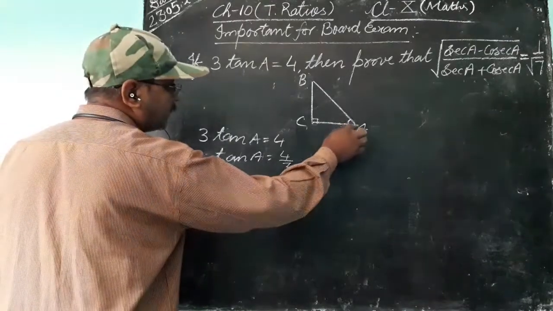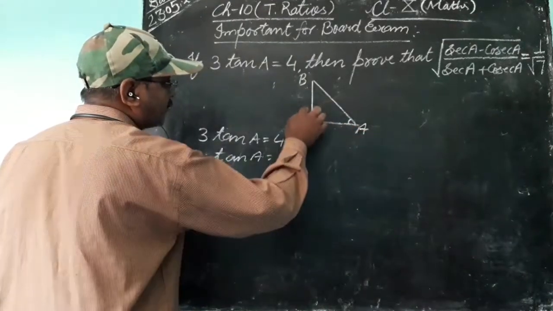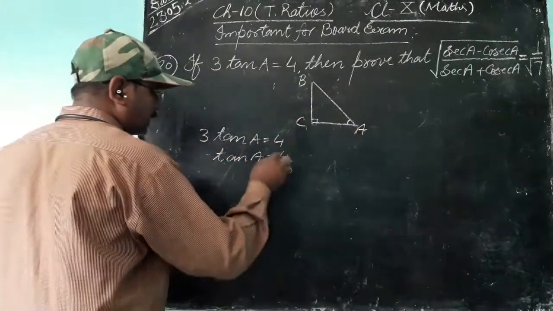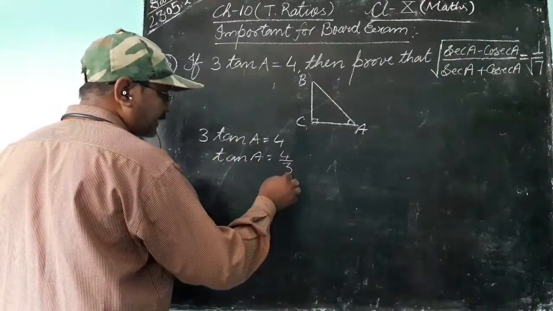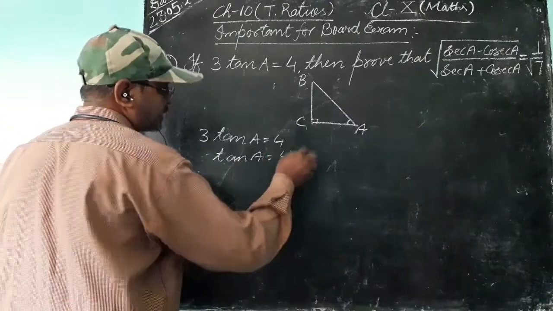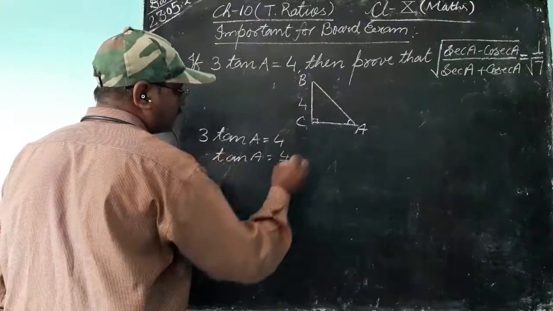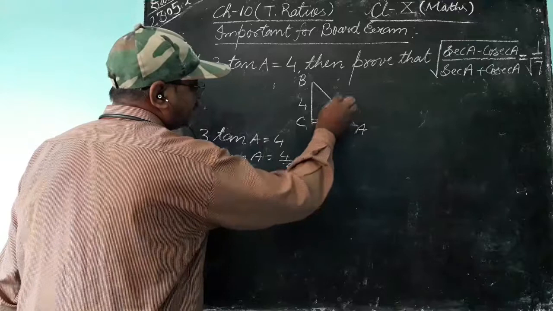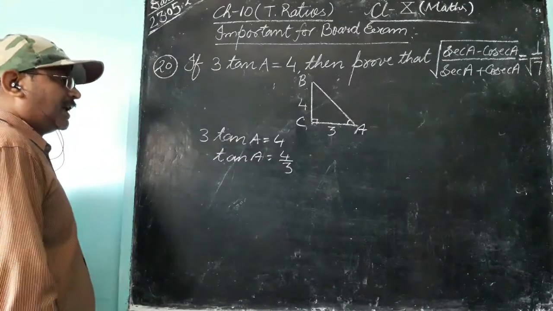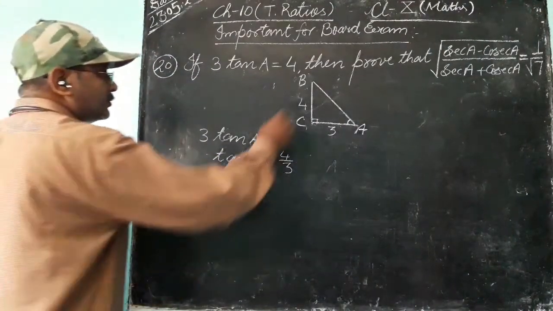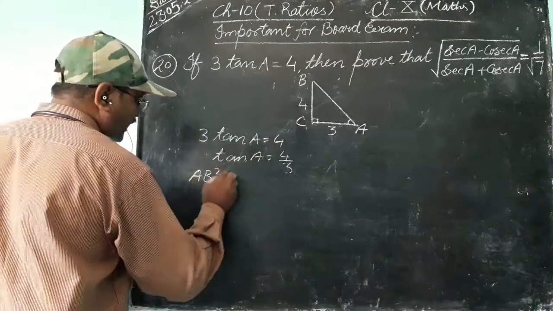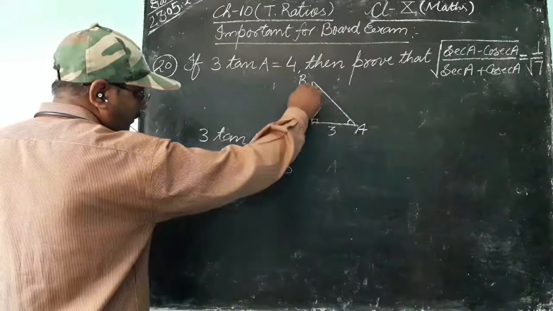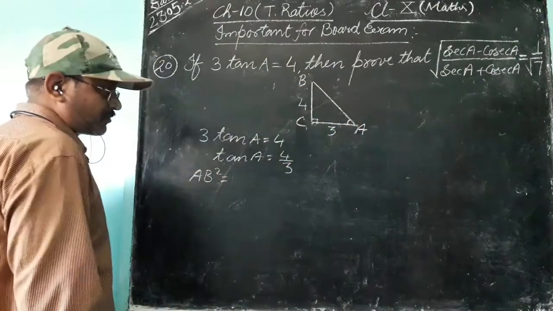So now that is the base, that is the perpendicular, that is the hypotenuse. So tan A is equal to 4 upon 3, that is perpendicular upon base. Perpendicular is 4, base is 3. Then the hypotenuse you have to find. With the help of the Pythagoras theorem, you can find AB square is equal to BC square plus CA square.